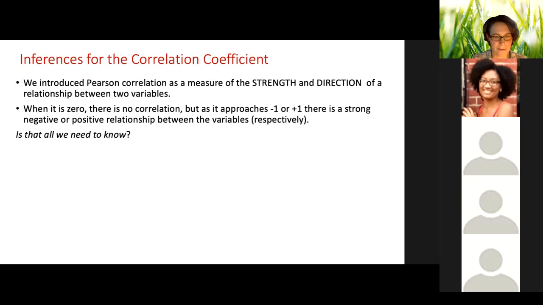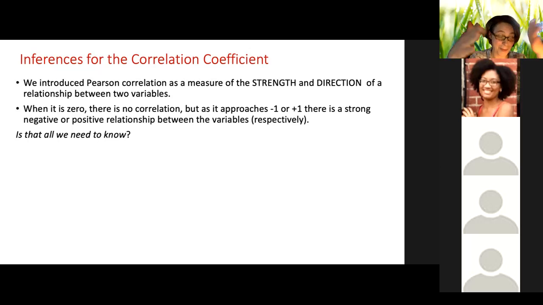But depending on sample size, we might have samples where the coefficient is 0.8. Unlikely, but it's possible, and the smaller the sample, the more likely it is. We might have samples where the sample correlation coefficient is 0.34. We might have samples where it's negative. That is just due to the randomness of sampling.